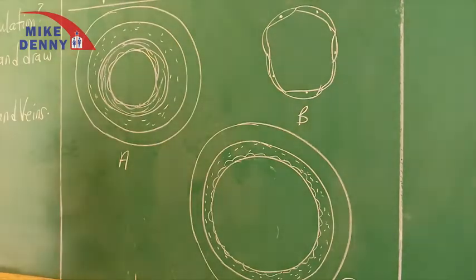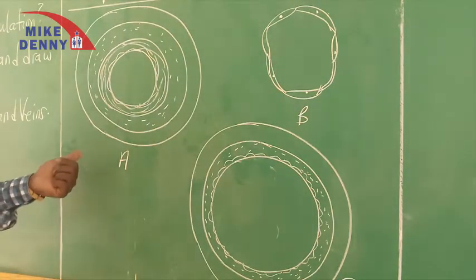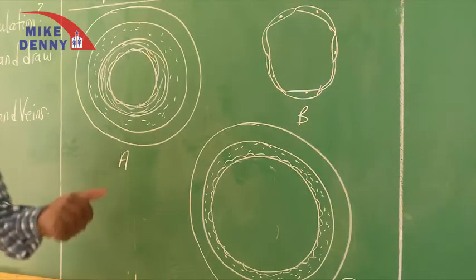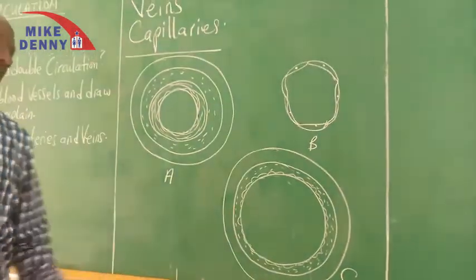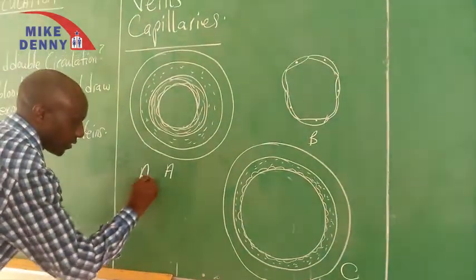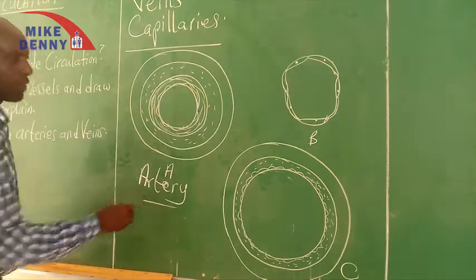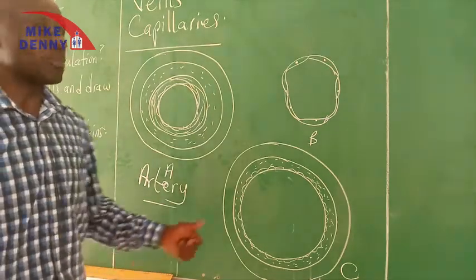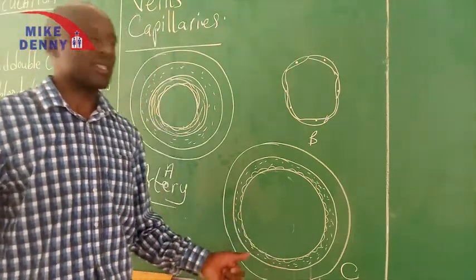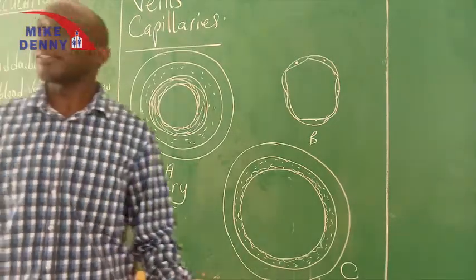Can somebody give us the first one, A? Which vessel is this? Somebody mentioned artery. That is the artery. Can somebody give us B? What's the vessel B?